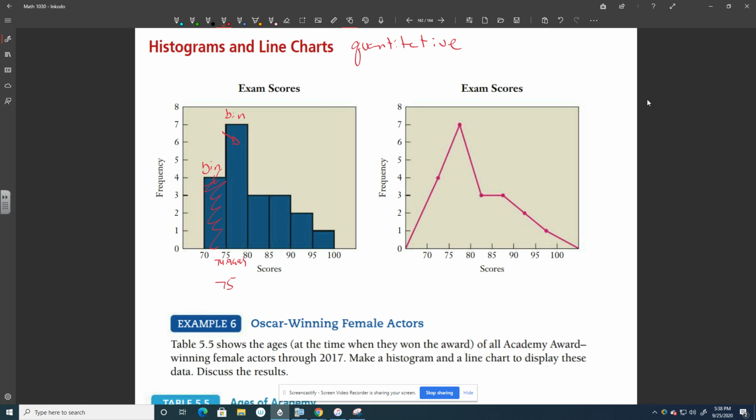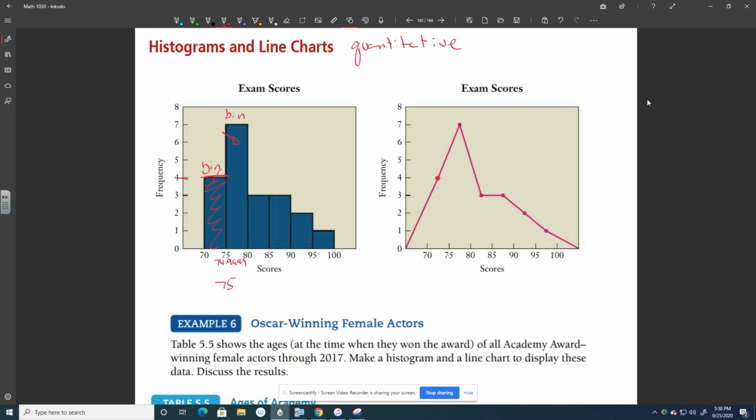The line chart uses the same information, but instead of drawing the bars as in the histograms, it uses a dot to represent the frequency. So right here, just like in the bar graph, I have to have the same labels on my chart. But here, my frequency is 4.